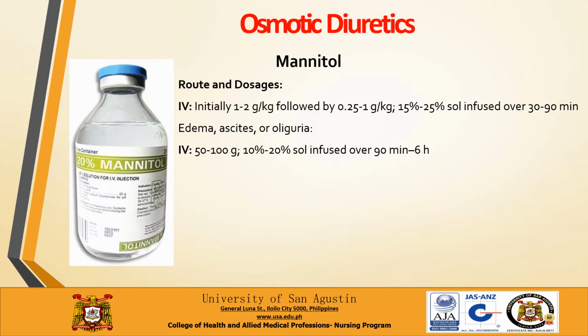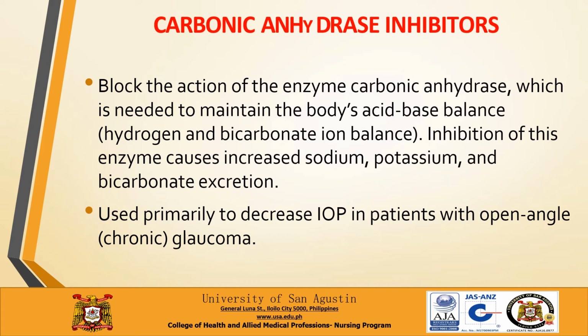The very common example of your osmotic diuretic is mannitol. But before you give mannitol, guys, or any type of diuretic, you have to check the blood pressure first, because a side effect of diuretics is lowering the blood pressure. So if the patient's blood pressure is low and you give diuretics, it will further decrease the blood pressure.